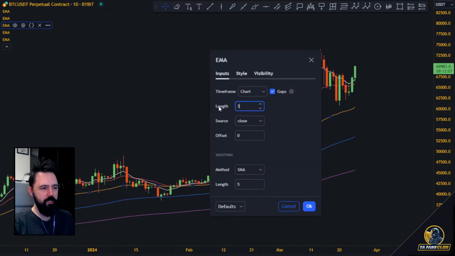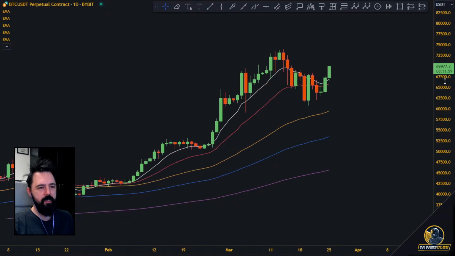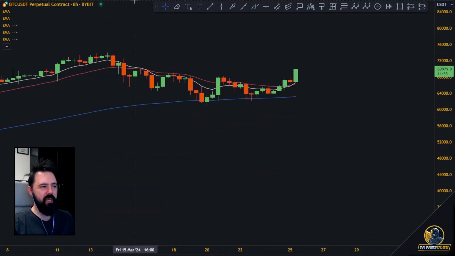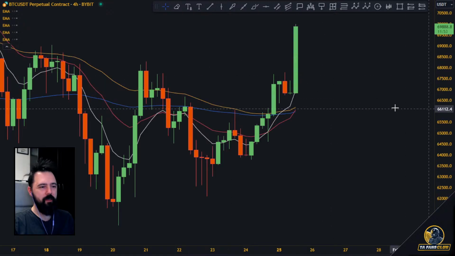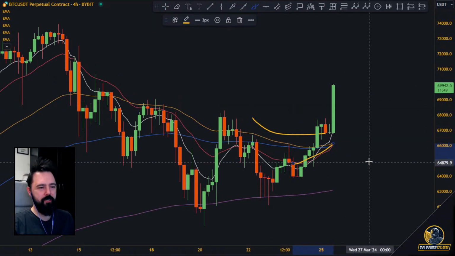And they use 33, I think. No, 50, 55, and they use 100 and 200. So these are the ones. These are EMAs. It bounced off some. There is always some EMA on some time frame where it actually bounces, right? And the lower you go into time frames, the more squeezed these lines get.